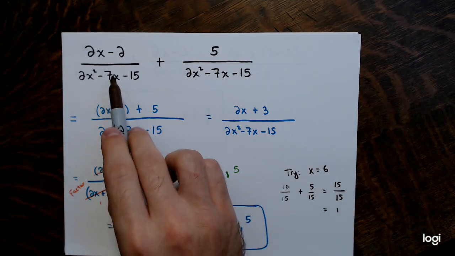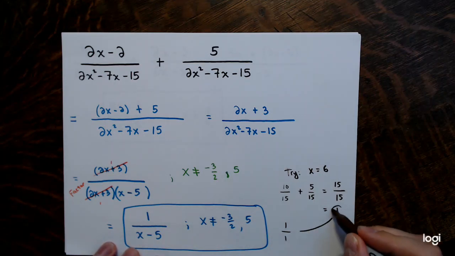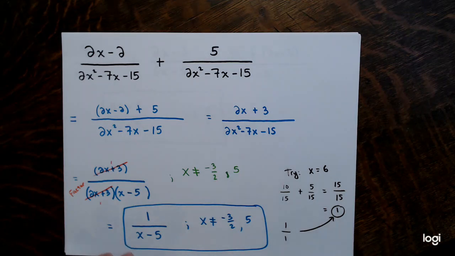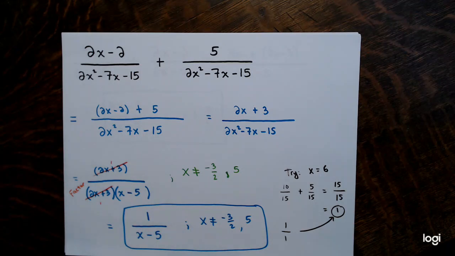Alright, so that's what I get when I put 6 in up here and here. Let's see, when I put 6 in down here, I get 1 in the numerator over 6 minus 5, which is 1. Well, 1 divided by 1 is 1. I get the same value for both of them, this and this. And again, that should be the case.